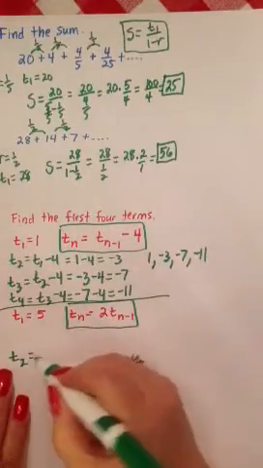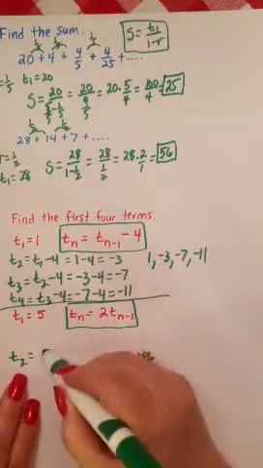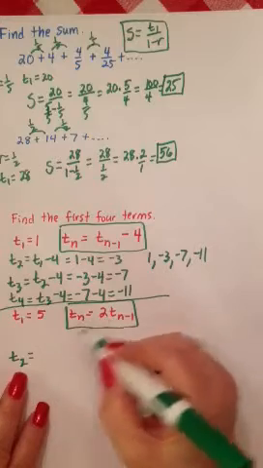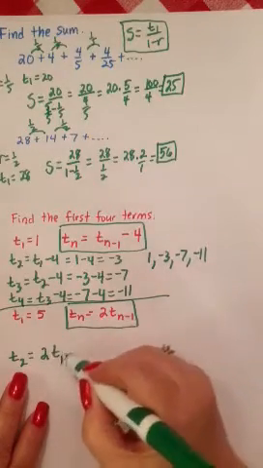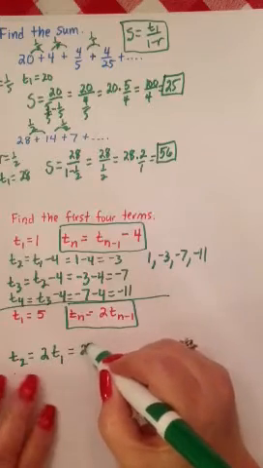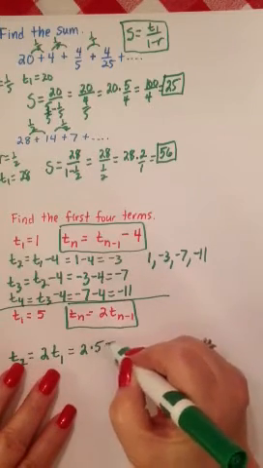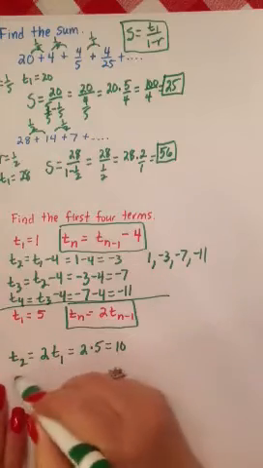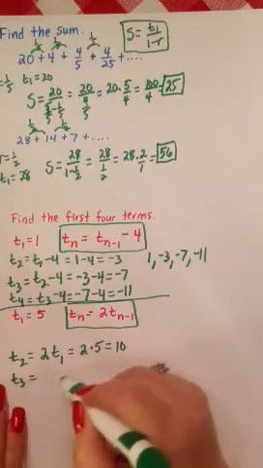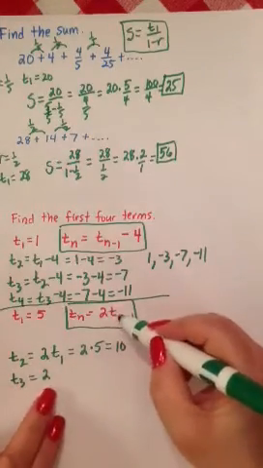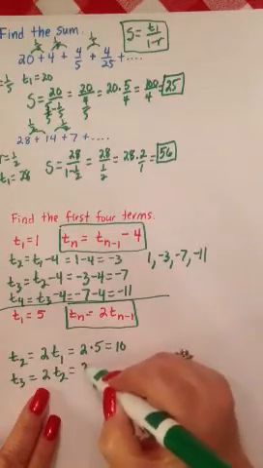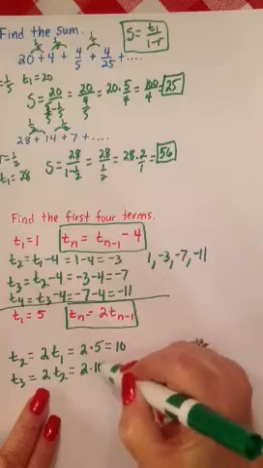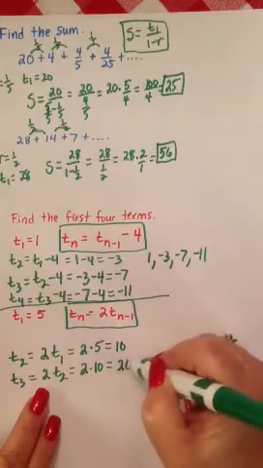Alright, so to figure out t sub 2, n is 2, so it's 2 times t sub 2 minus 1, or 2 times t sub 1, which is 5, so it's going to be 10. T sub 3 will be equal to 2 times t sub 3 minus 1, or t sub 2, which will be 2 times what we just found, which was 2 times 10, so it'll be 20.